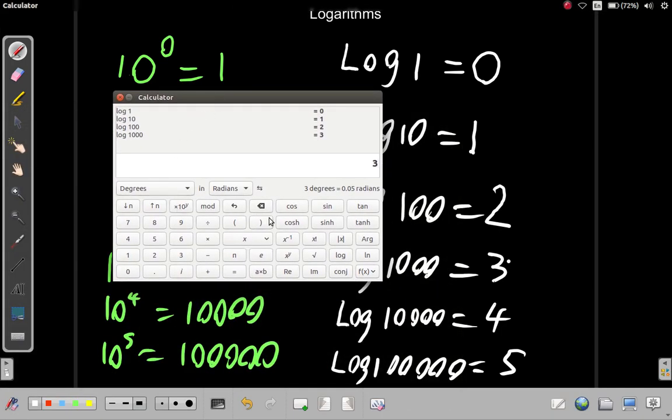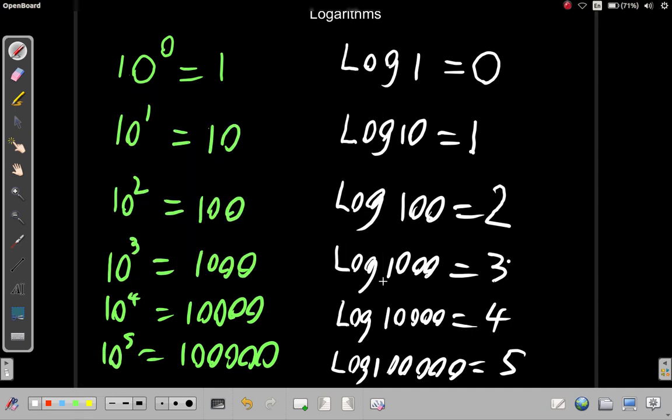So it's log 10,000, that's 1 and 4 zeros, and we get 4. And the log of 1 and 5 zeros, which is 100,000, and we get 5. Good. So these are the logarithms of these numbers.